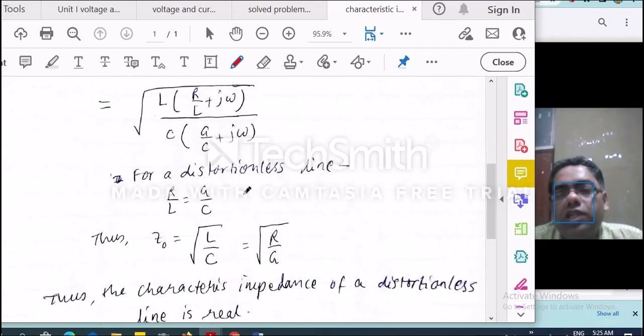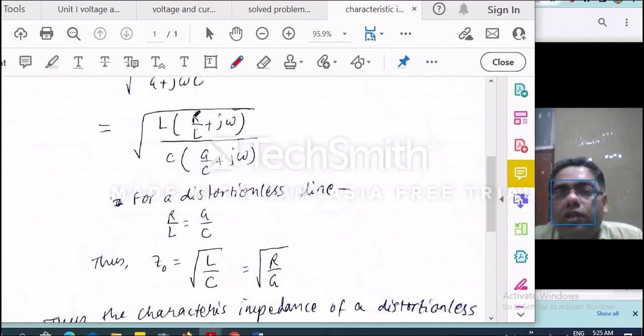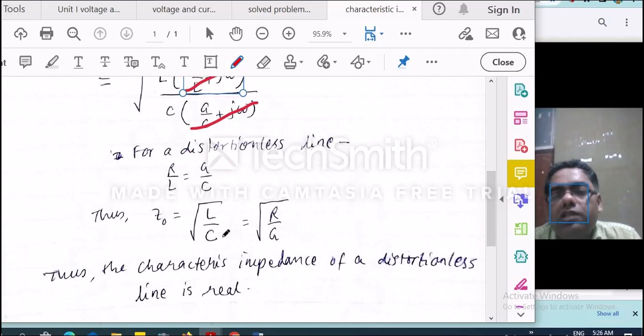For a distortionless line, we already know that R by L equals G by C. So this full term will cancel out, and we get root L by C, which can also be written as root R by G. So the characteristic impedance is real, with no imaginary part.